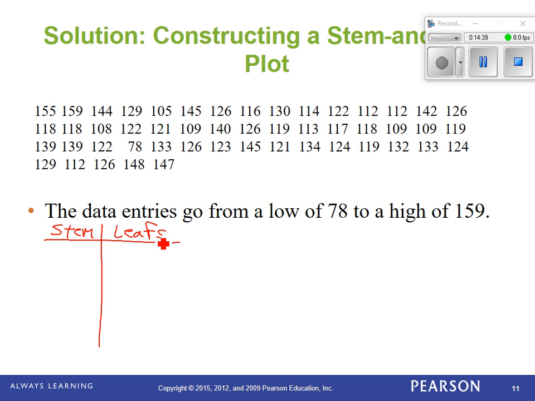Just one. 142. Just 144. 145. 147. 145, 144, 142. So there's another 145. 147. 148. 155. 159. Is that all of them? Nothing's left unmarked, right?